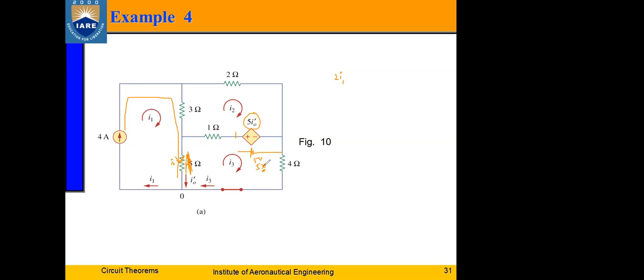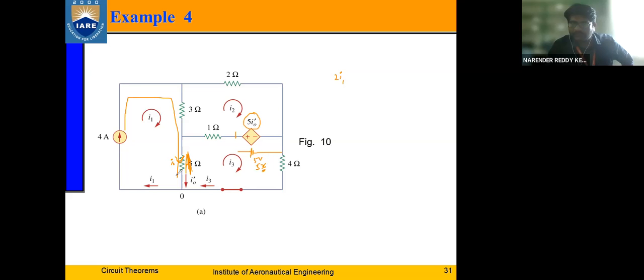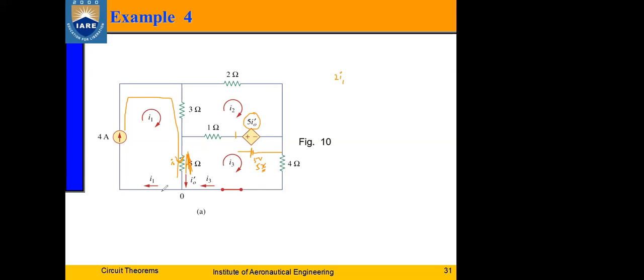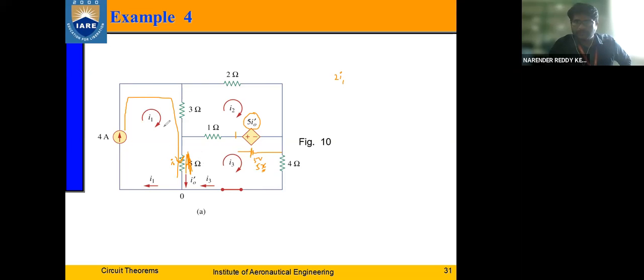Yes, sir. So this amount of current, whatever the value of I naught, the current flowing through this 5 ohms resistor, is to be found now. So what is that value now? To know the values of I1, I2, I3, I need not have a fourth unknown value, right? That fourth unknown term is I naught.